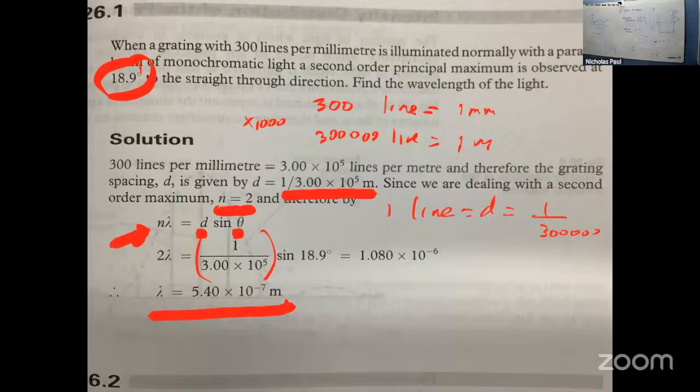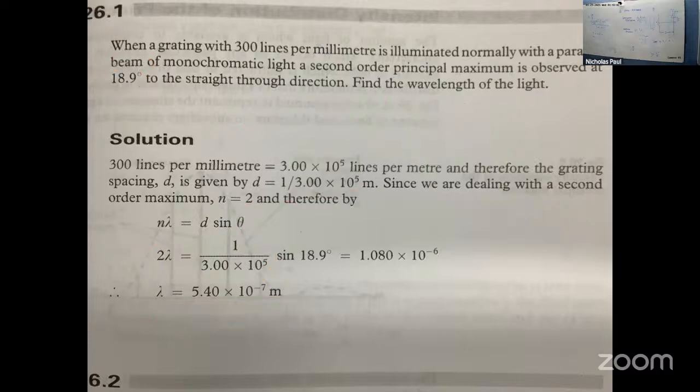What did you get? I think I answered wrong. 5.5 by 10, if it's wrong. Tell me, what's the formula? How do you find the maximum number of orders? n is equal to what? d on lambda.